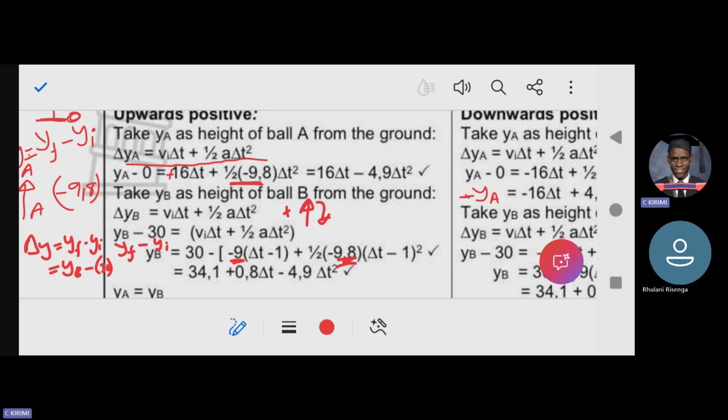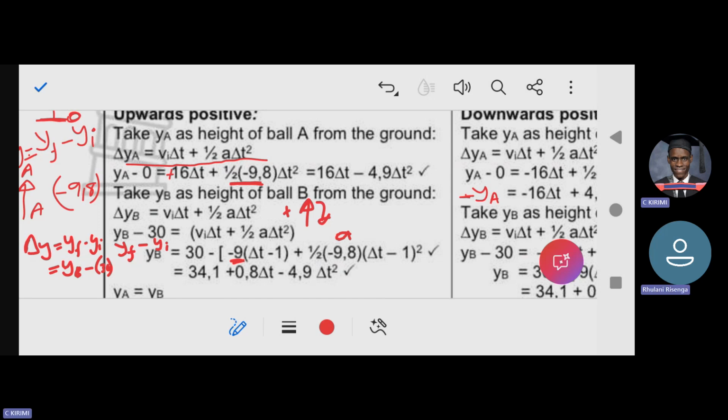If down was positive, V initial would be +9 and the acceleration would also be +9. But since we are taking up as positive, the V initial will be -9, and the acceleration here will also be negative. Is there a question in terms of acceleration?